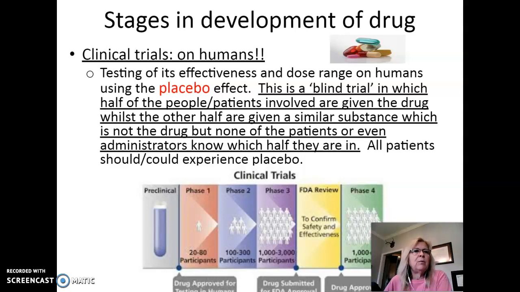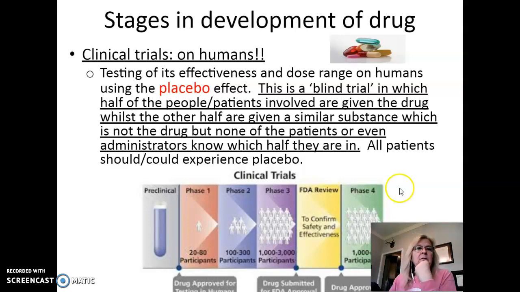Our picture here shows the amount of people that we have to notice from phase 1 through phase 4. I am imagining that they are going to speed this process in clinical trials up in a major way for us to be able to have enough of a vaccine that is prepared for us, but they're going to have to speed it up quickly, and this process has already begun.